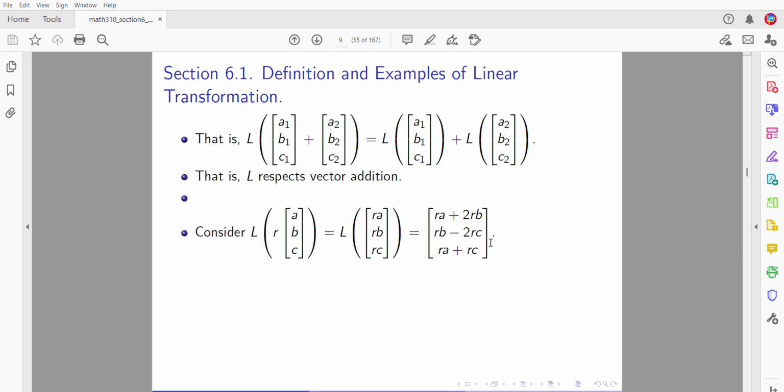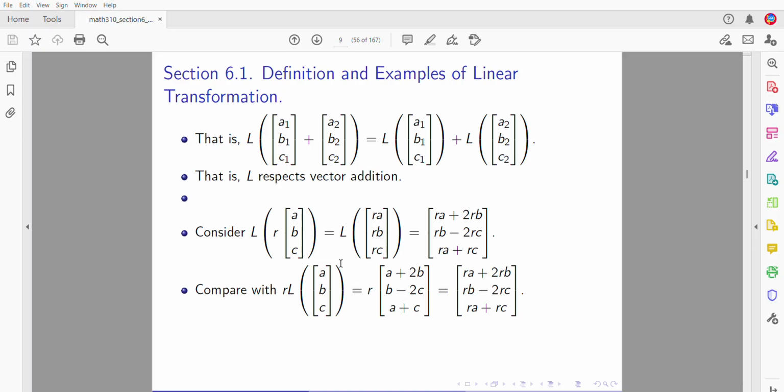Now try L of (a, b, c) and then multiply by r. Well, you have your formula, multiply by r, note multiplication distributes, and you get the same output. In other words, L respects scalar multiplication. Therefore, L is a linear transformation.